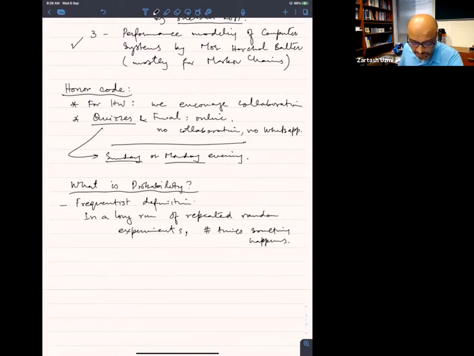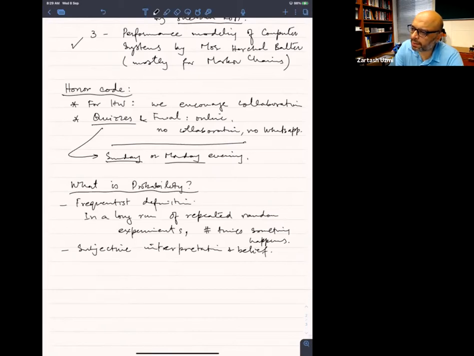So that's the frequentist definition. There is another subjective interpretation and belief, subjective definition or subjective interpretation and belief. So there are some things which you cannot perform repeatedly. So for example, Earth was separated from the sun.